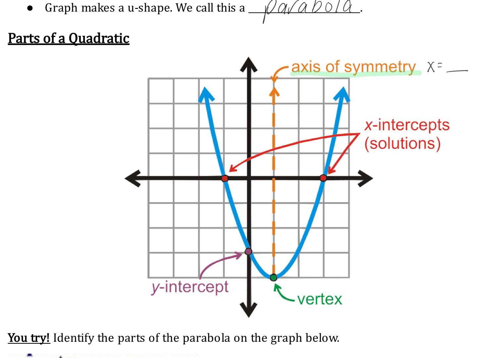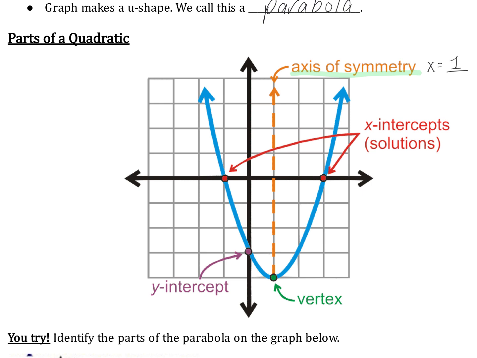In this case, it's going right down here, and x equals, here's 0, if I go over 1 point, x equals 1. So x is equal to 1 in this instance.